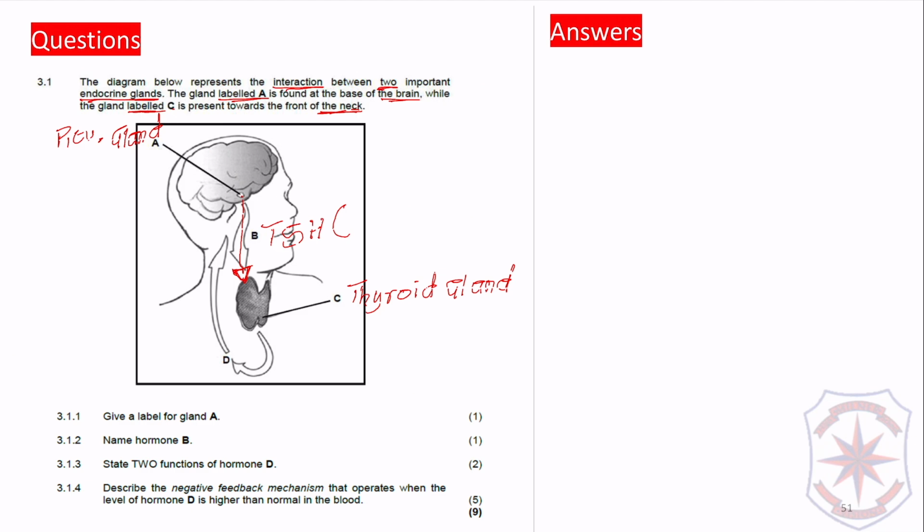So TSH stimulates the thyroid gland, which is gland C there, to secrete thyroxin.